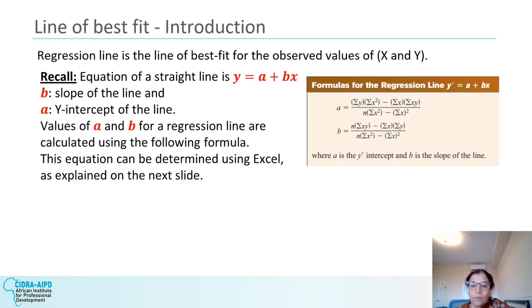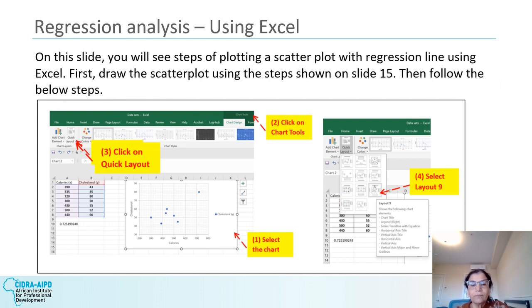As we did correlation using Excel, we continue using Excel to do the regression analysis as well. On this slide, you will see steps of plotting a scatter plot with regression line using Excel. You have learned how to draw the scatter plot. So first draw the scatter plot and then follow the below steps. Select the scatter plot. This is your step 1.